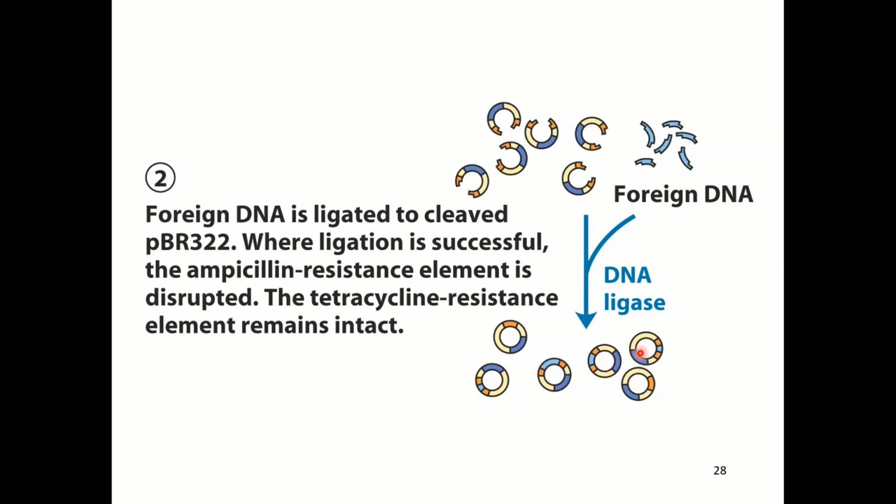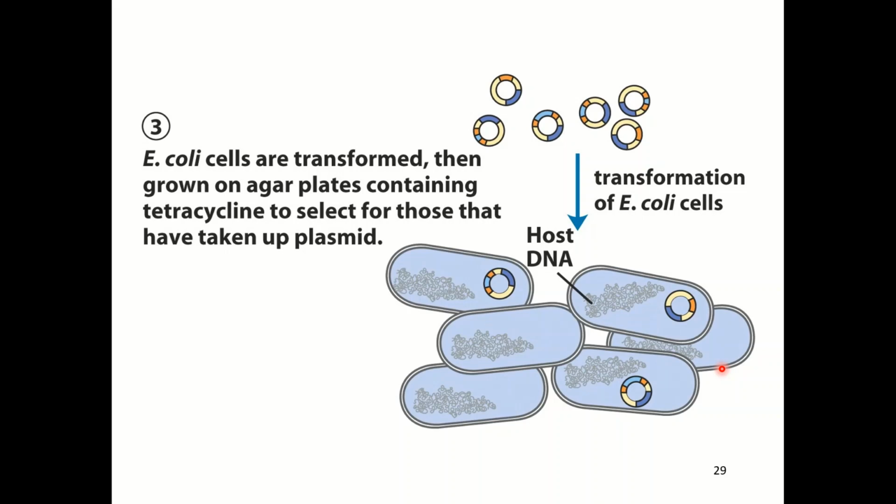But the tetracycline resistance doesn't change, so all of these are going to be able to grow in tetracycline. We would then put them in a cell. Some of them are going to be able to grow in both antibiotics, some will only be able to grow in tetracycline.